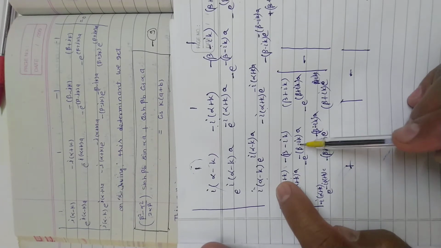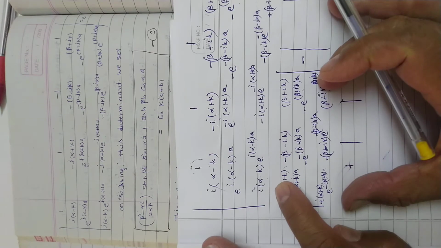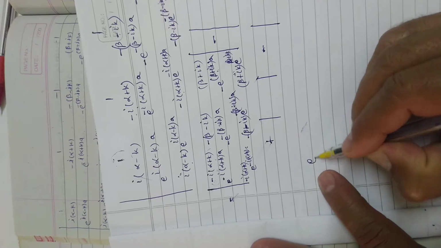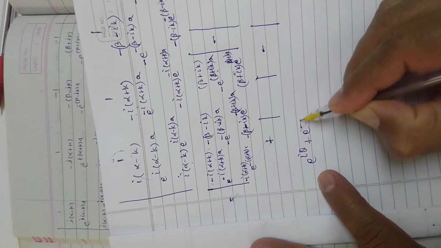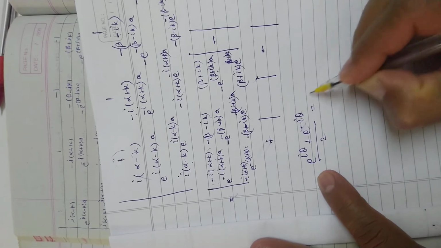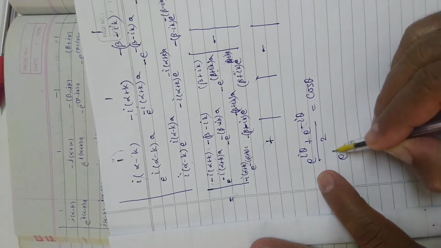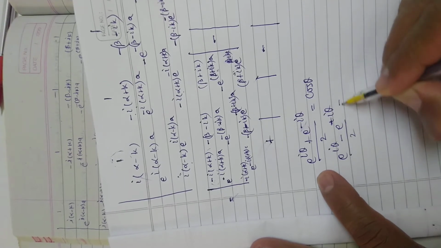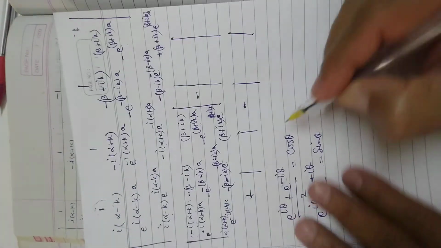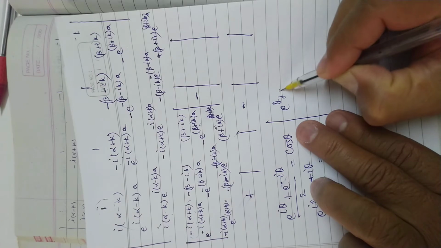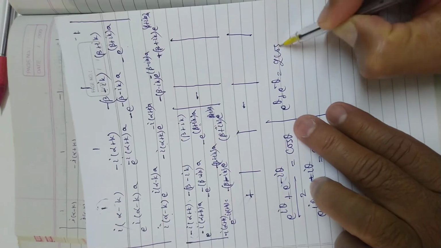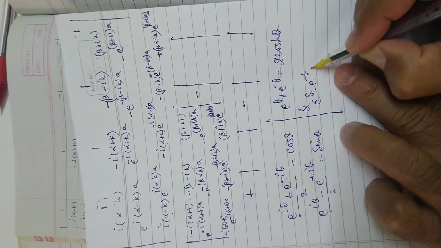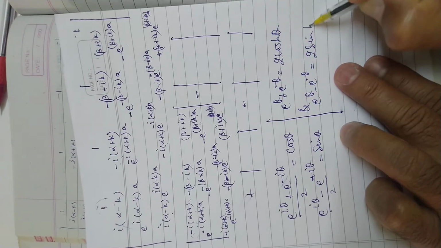You can open these determinants, and then I shall use these basic formulas: e to the power iota theta plus e to the power minus iota theta upon 2 is cos theta, e to the power iota theta minus e to the power minus iota theta upon 2 is sin theta, e to the power theta plus e to the power minus theta is 2 cos hyperbolic theta, and e to the power theta minus e to the power minus theta is 2 sin hyperbolic theta.